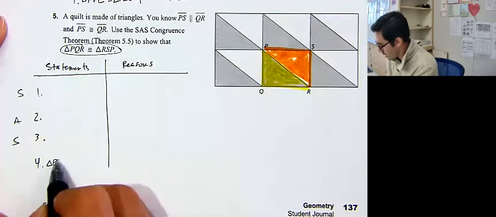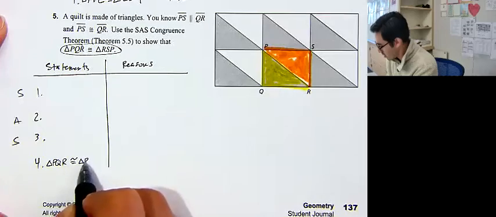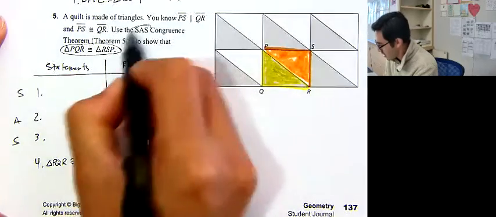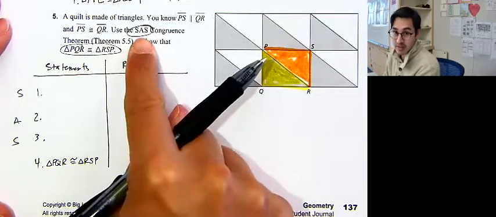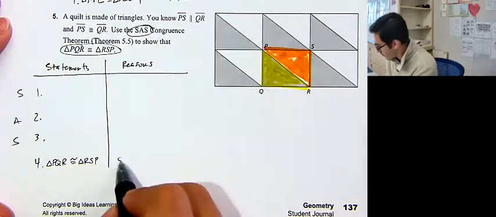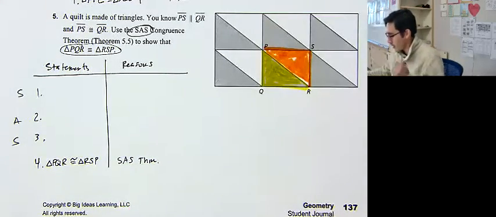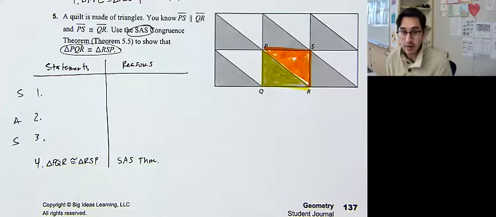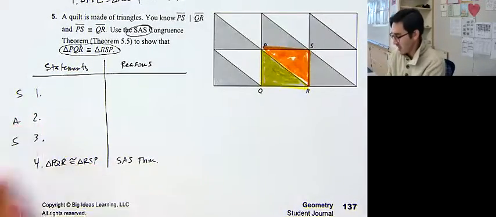Triangle PQR is congruent to triangle RSP, and I already know what reason or theorem I want to use to prove this. It's the side-angle-side theorem. So my job is going to be finding these pairs of congruent sides and angles.